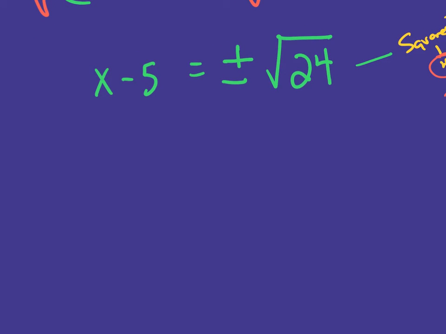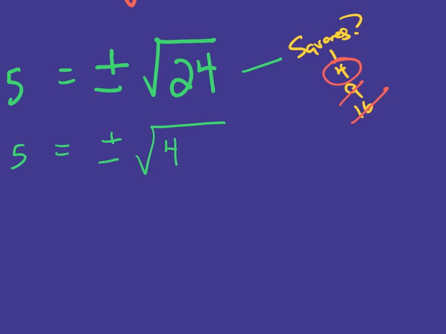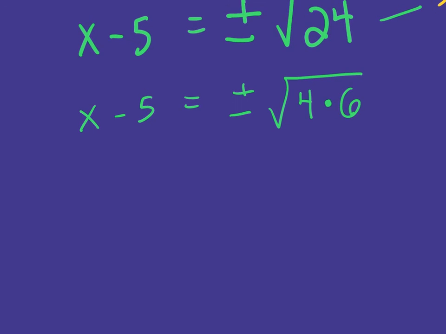So this 24, I'm going to rewrite this whole thing and just change what's underneath that radical. So we know that 4 goes in. I'm going to rewrite 24 as 4 times 6. And the square root of 4 part, that's actually 2. Square root of 4 is 2.